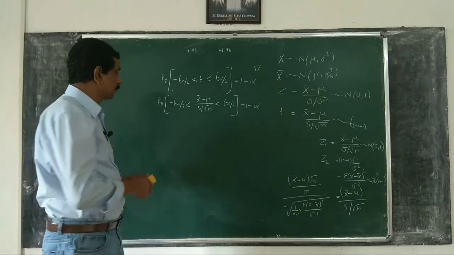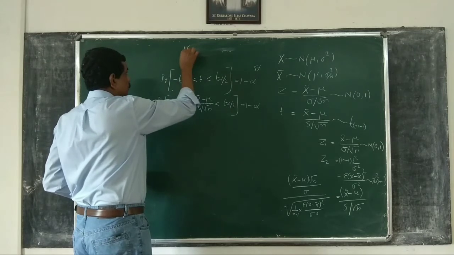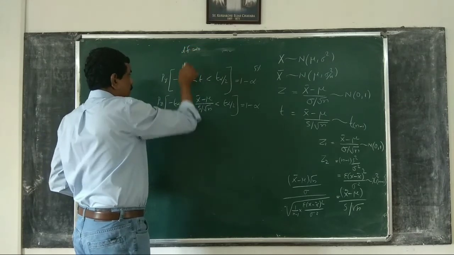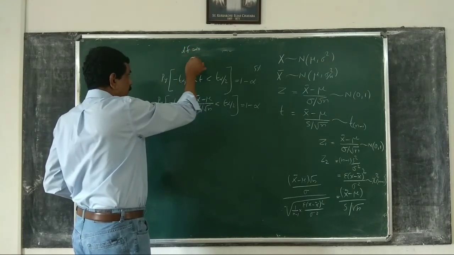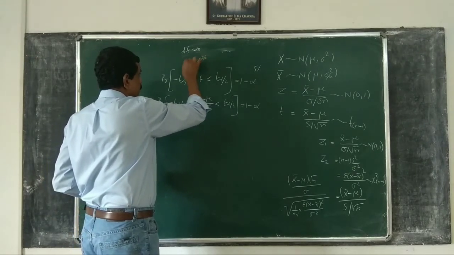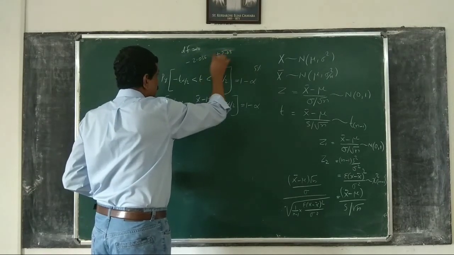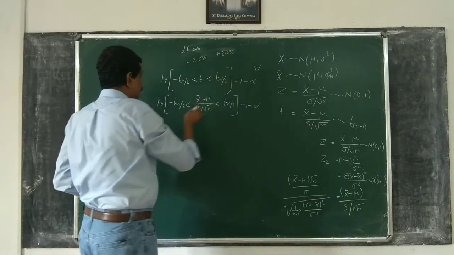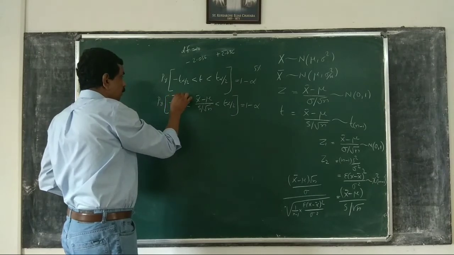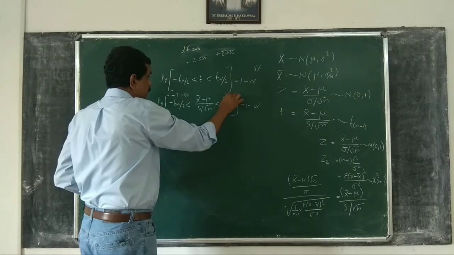For example, if our degrees of freedom is 20, then 95% of T lie between minus 2.036 and plus 2.036.